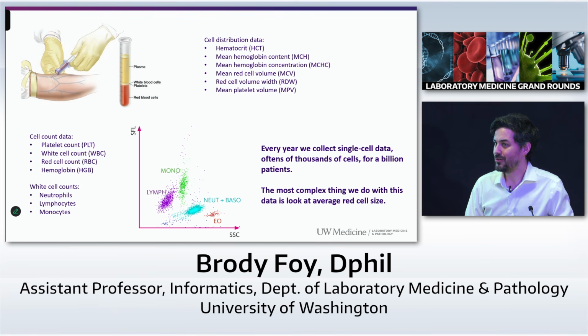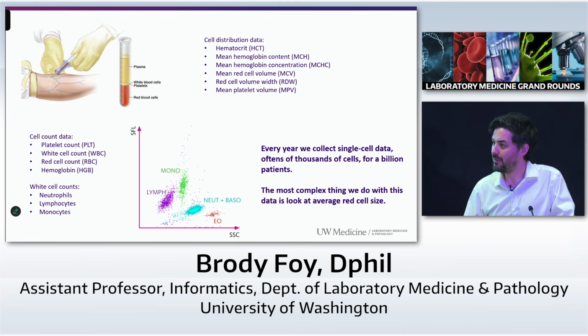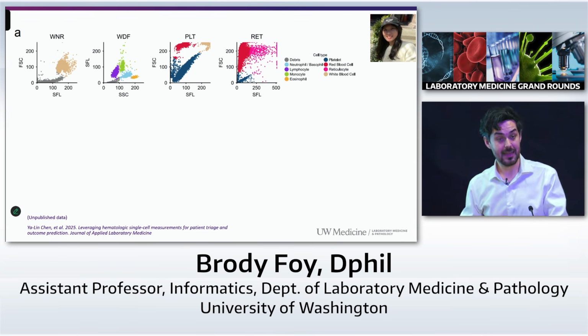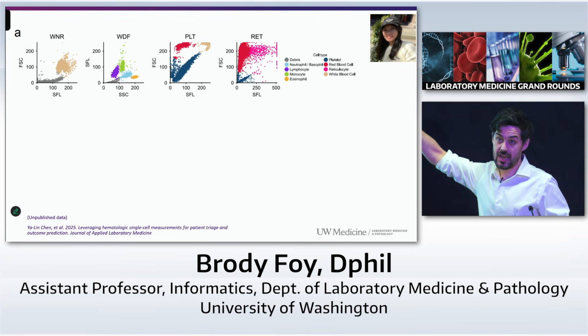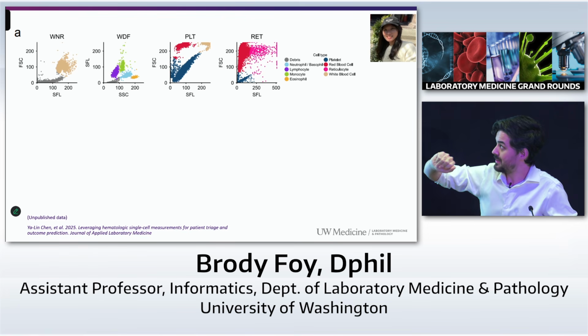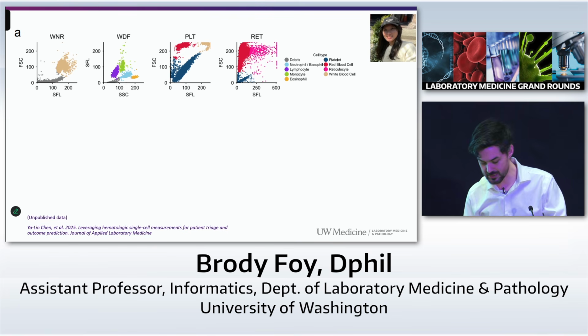And that is a thought that kind of drives me insane, because I think there is just so much we can do. To give a brief example, this is not really going to be the focus of the talk, but I think it's a good frame. This is some work from Amber Chen, a PhD student in my lab. This is what the CBC looks like under the hood. A bunch of different channels of flow cytometry, from your basic CBC on the left, to your white cell differential, or platelet or reticulocyte testing if it's ordered.